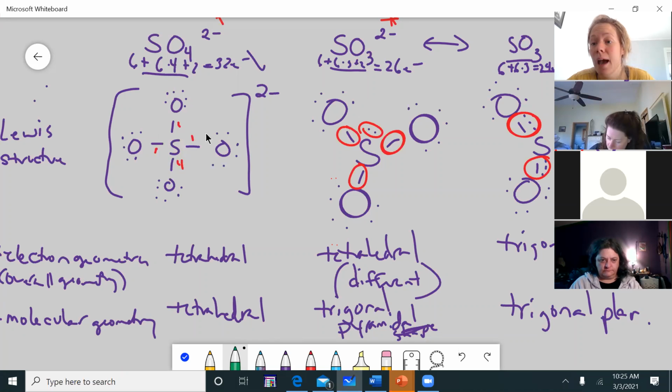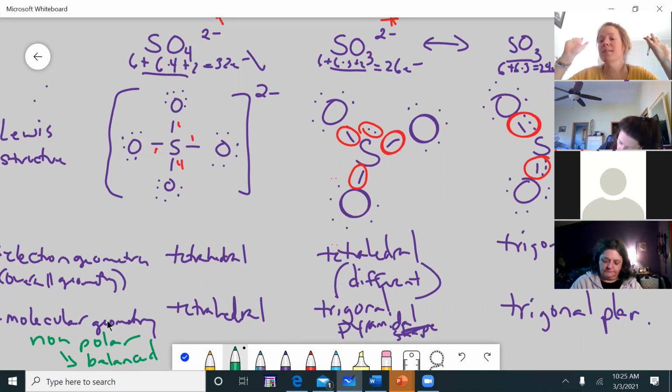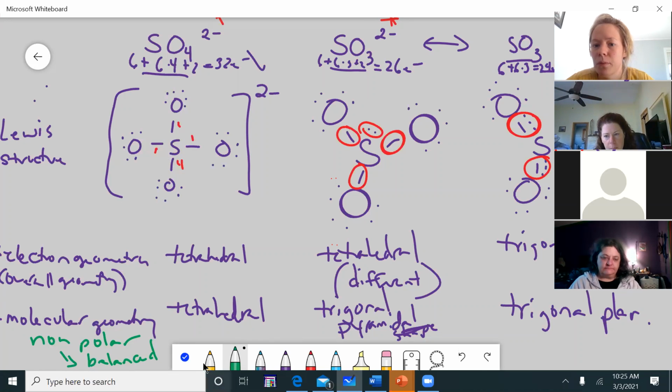I see lone pairs on the outer guys, but nothing on the central atom. So no lone pairs, non-polar. Non-polar means it's balanced. When it looks even and balanced and everything has a partner and everything's distributed nicely, that's non-polar. That's like all of our oils and stuff tend to be non-polar.